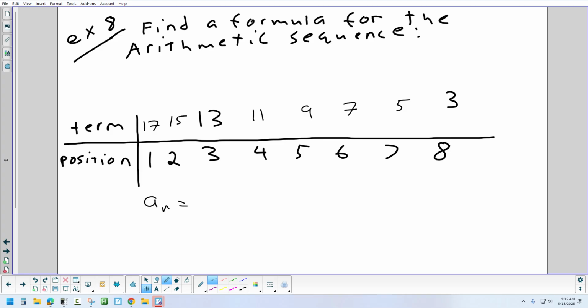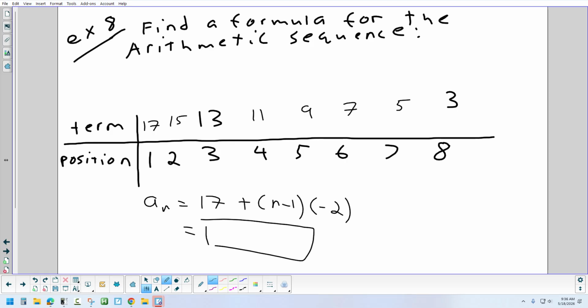So the nth term is the first term plus n minus 1, and the common difference is negative 2. Okay, what do we get when we simplify that and combine all our like terms?